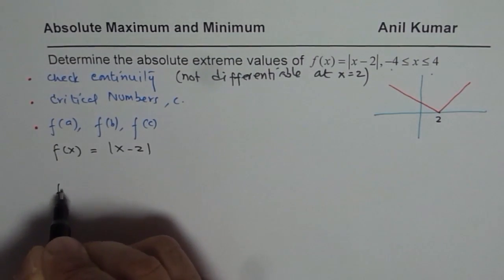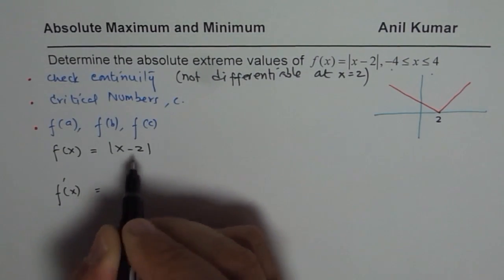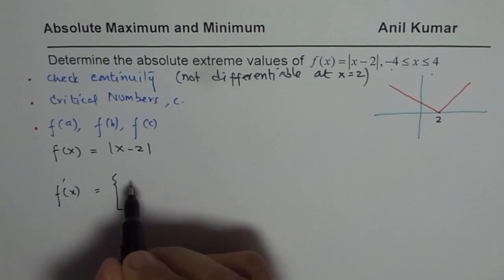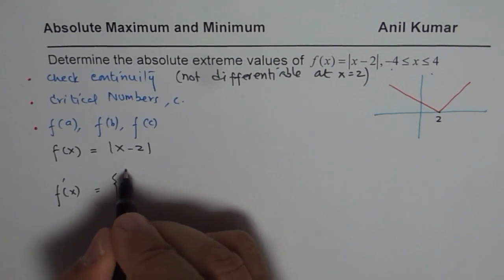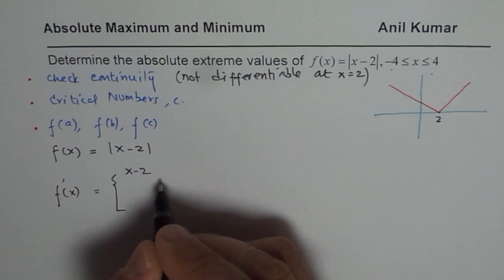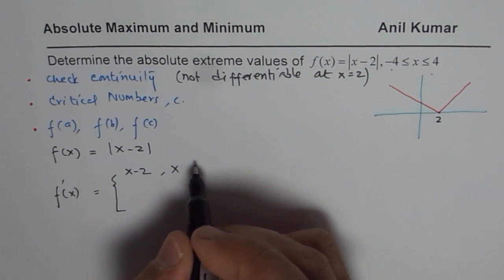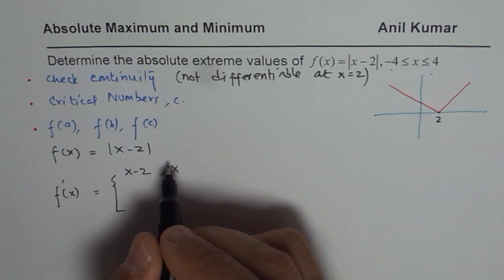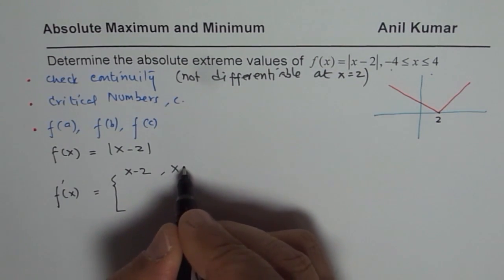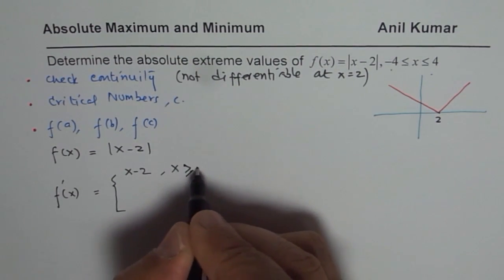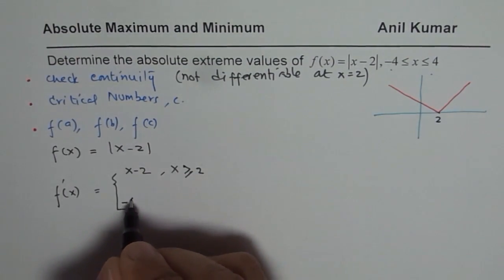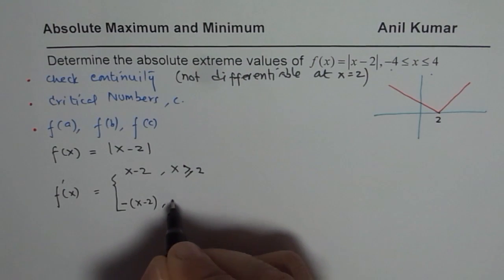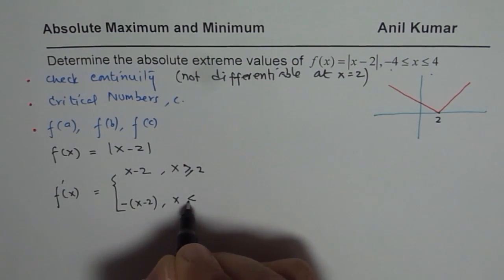To find the derivative of the function, it is good practice to write it as a piecewise function. So it is x minus 2, you can see, when x is greater than or equal to 2, and it is equal to minus of x minus 2 when x is less than or equal to 2, right?